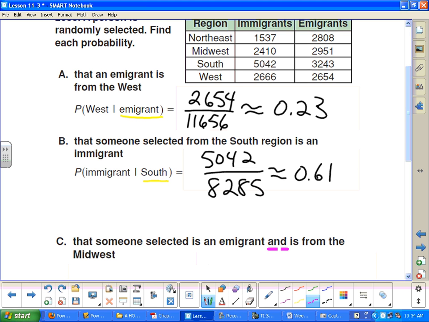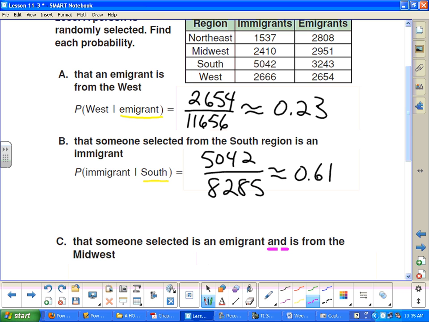As soon as we throw the word "and" in here, we're talking about everybody. So out of everybody, who is an immigrant and is from the Midwest?